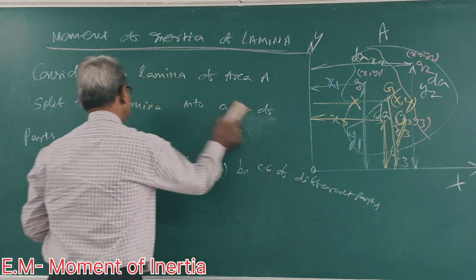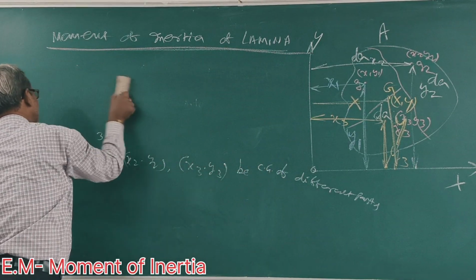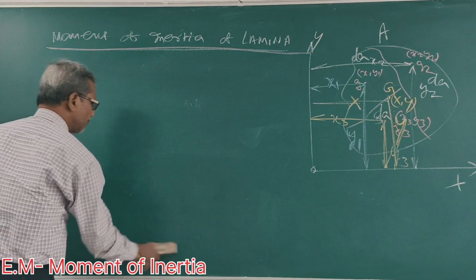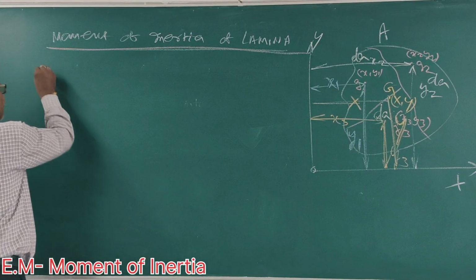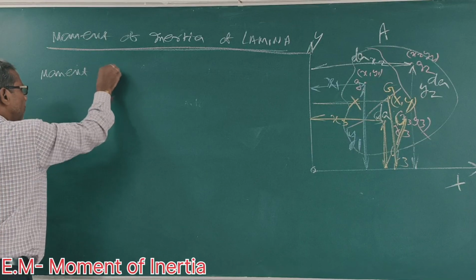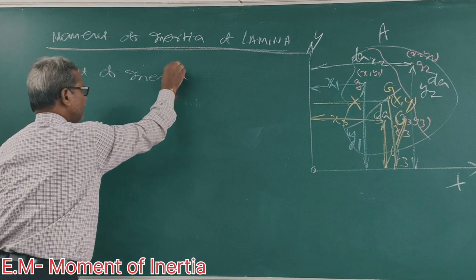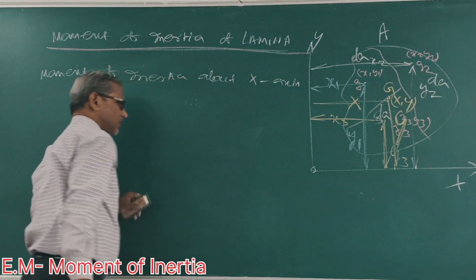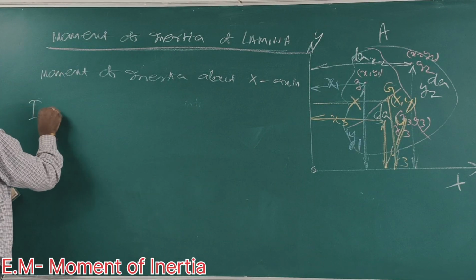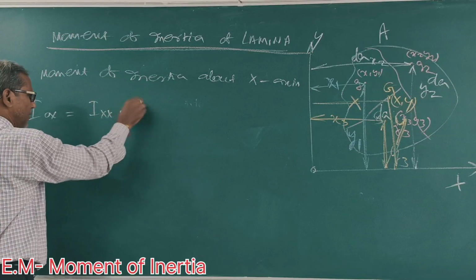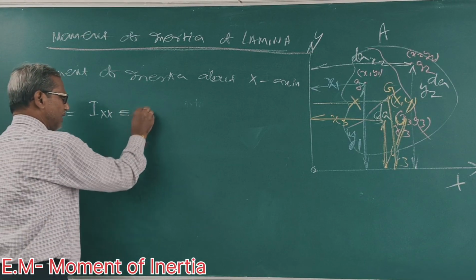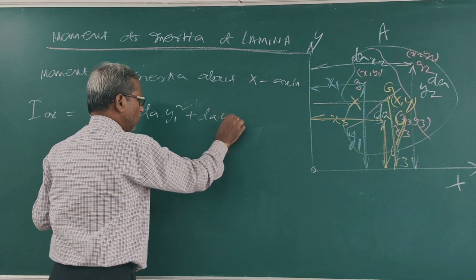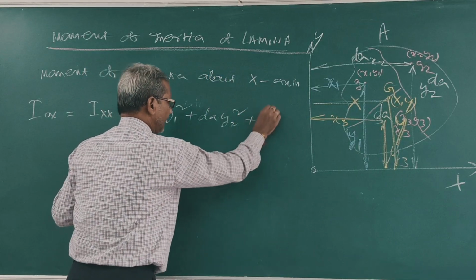Now the moment of inertia about the x-axis, that is IOX or IXX, is equal to dA y1 square plus dA y2 square plus dA y3 square.